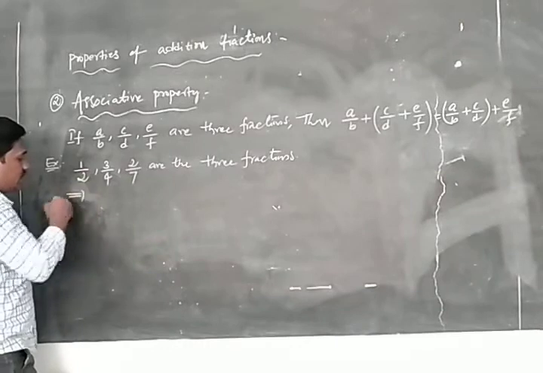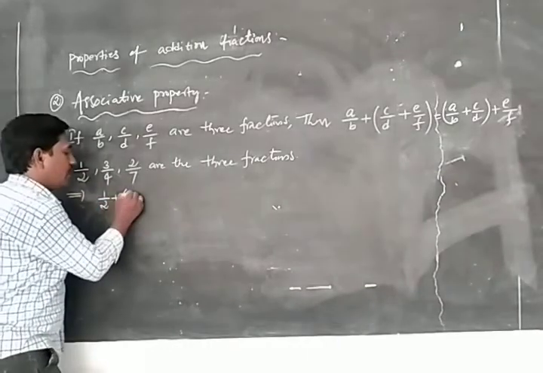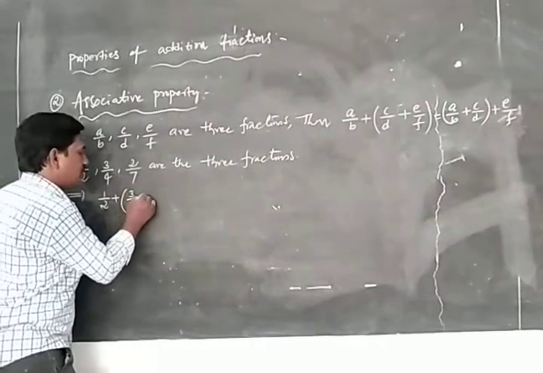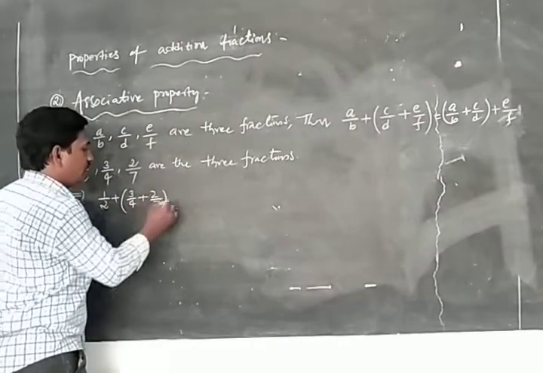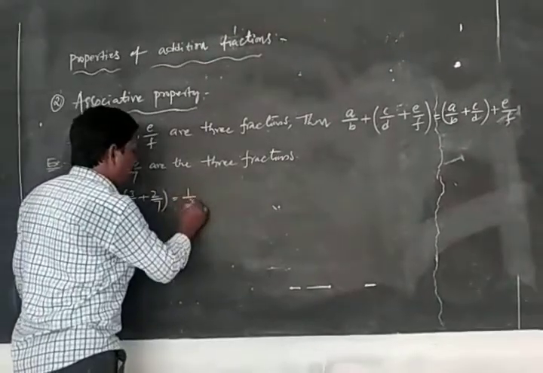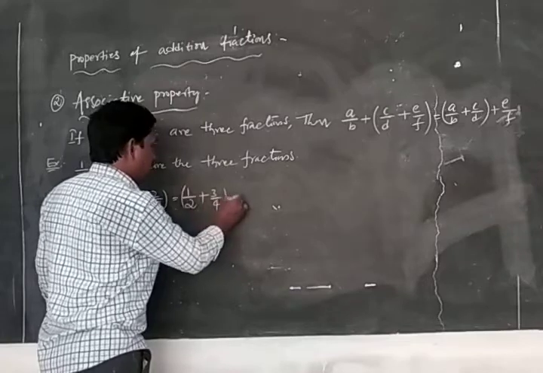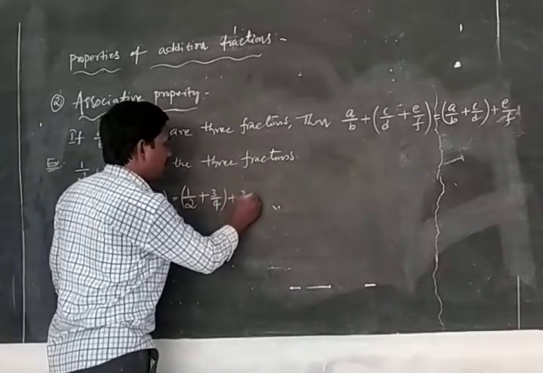We can say that 1/2 + (3/4 + 2/7) equal to (1/2 + 3/4) + 2/7.